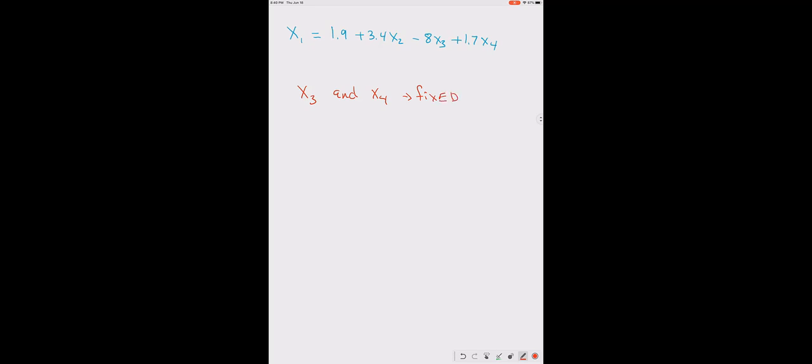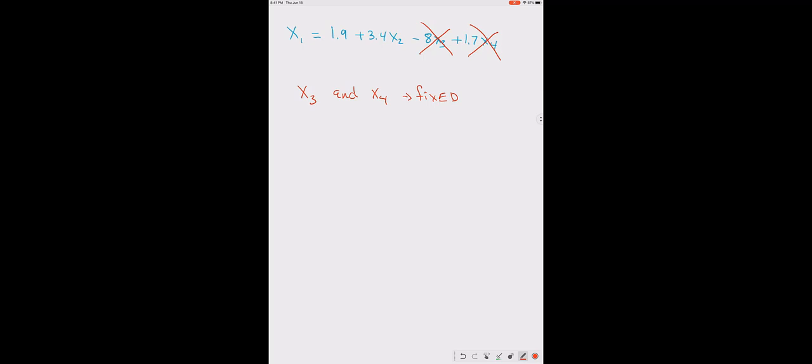This is not exactly mathematically sound, but I can think of it as just crossing out the terms that have those variables. So x3 and x4 are held at a fixed but arbitrary value, and x2 increased by 1 unit. What would the change be in x1?